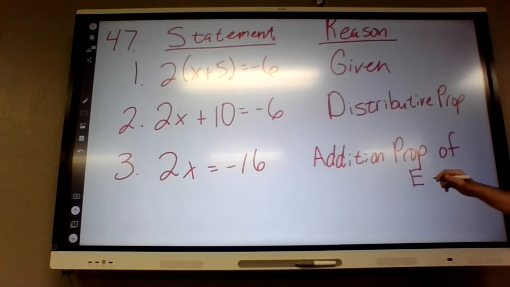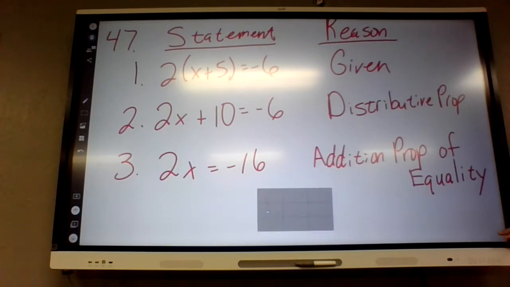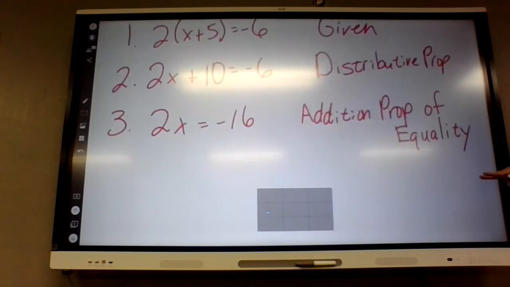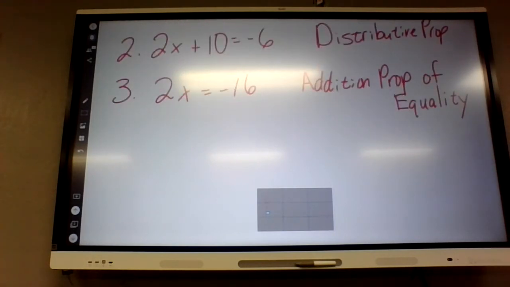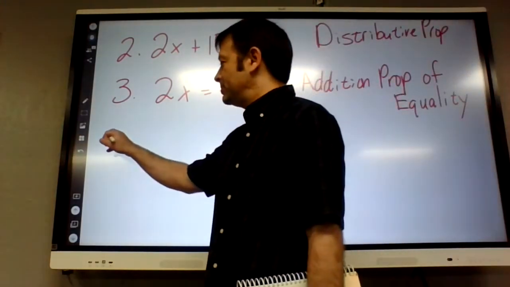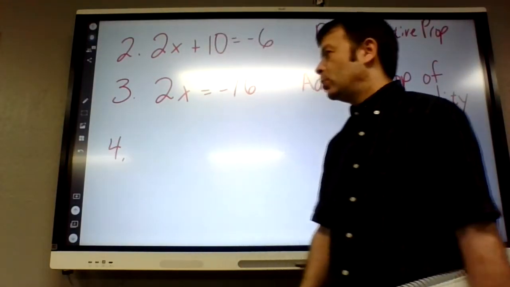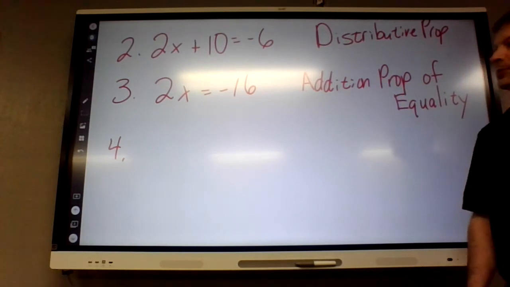Because subtracting is just adding a negative, basically. So instead of calling it subtraction property, they just decided to call it addition property. If you actually put subtraction property of equality on the test, I would probably give you credit, because that's close enough. Some books do call it subtraction property. Whatever.